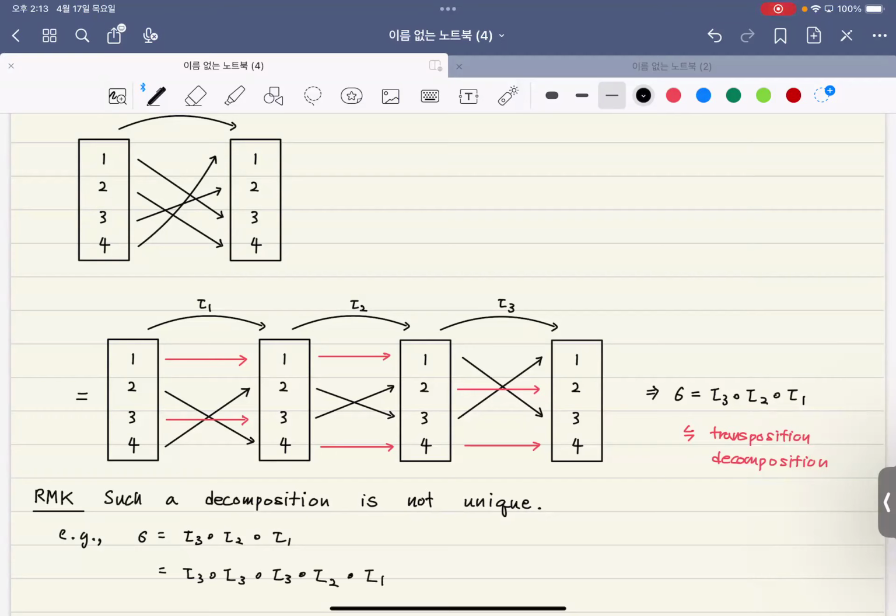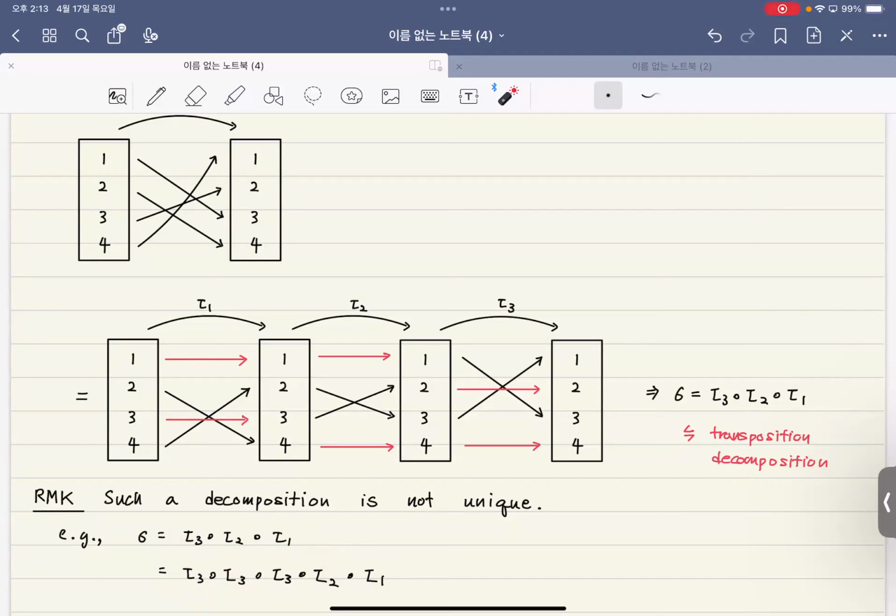It is very easy to see that if you compose two of the same transpositions, it is going to be the identity, right? So this is a transposition decomposition, and this is another, and they are different. I just want to emphasize that transposition decomposition is not unique.